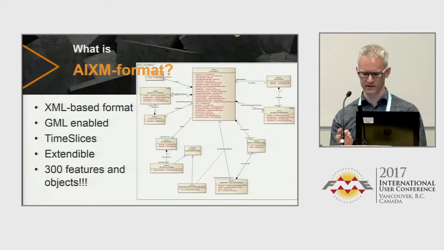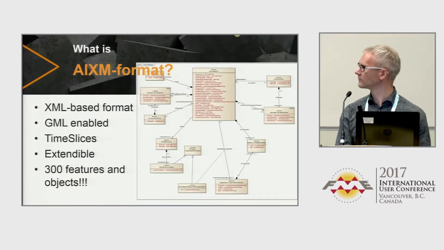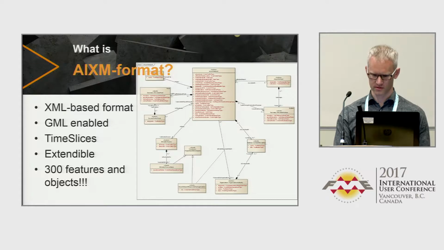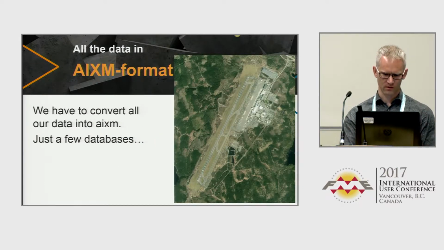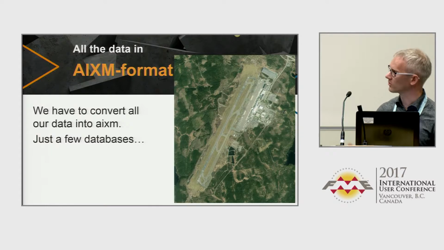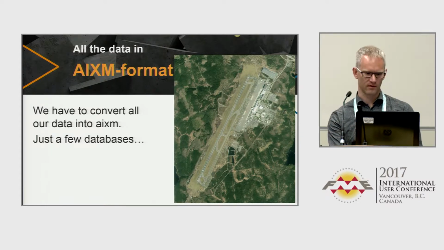You have to add this organization authority as well. So there's quite a lot of things to do to make it valid in the end. And we don't all have to do with the airport themselves. So we just have a few databases to convert.